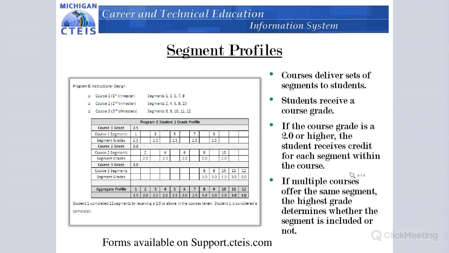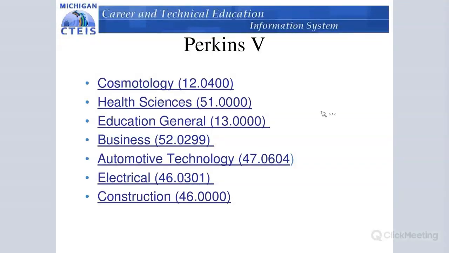All right. Now, as I said, Perkins 5 came in a couple of years ago, and we are implementing it into our student progress for the first time this year. So a lot of new stuff here. We're only doing 7 SIP codes this year that will use Perkins 5, which will use competencies.